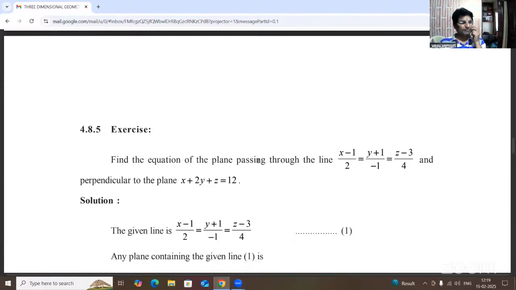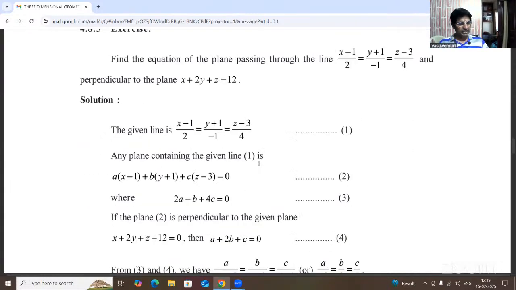Okay, 4.8.5, this problem is very important. The line is given and that line is perpendicular to the plane x plus 2y plus z equal to 12. So find the equation of the plane. According to the given line, let a, b, c be the normals, and according to that, a of x minus 1 plus b of y plus 1 plus c of z minus 3 equal to 0.